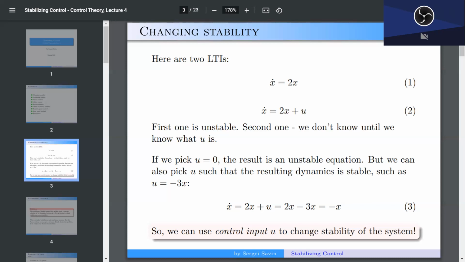Can you give me a more concrete answer? What is my process of choosing the U in this case? I mean, intuitively, to make sure that the system is stable.